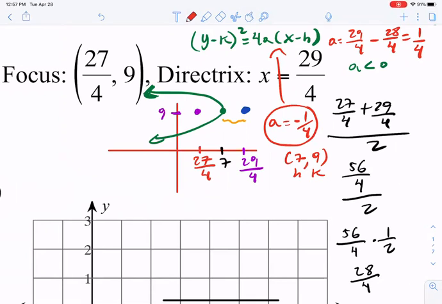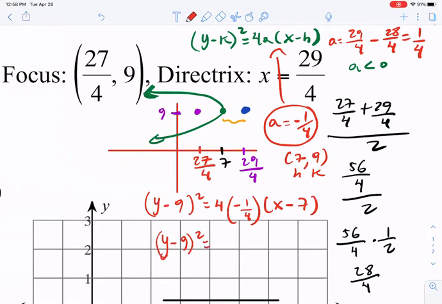So y minus k, which is 9, squared equals 4 times negative 1/4 times x minus 7. If we compute this, we get y minus 9 squared equals negative 1, or just negative, times x minus 7. And that's your final solution for this problem.